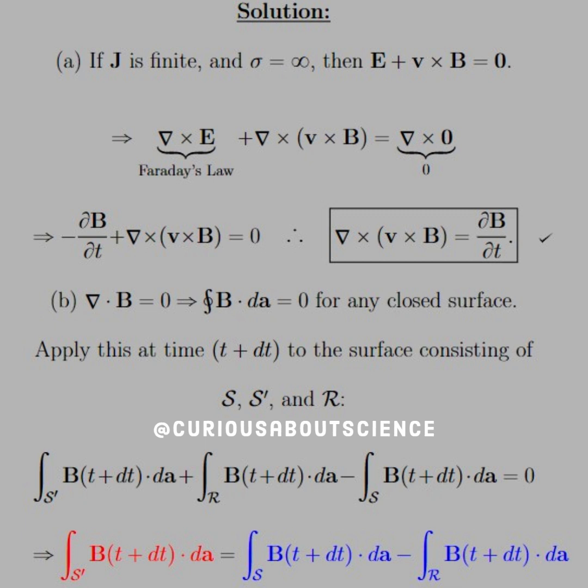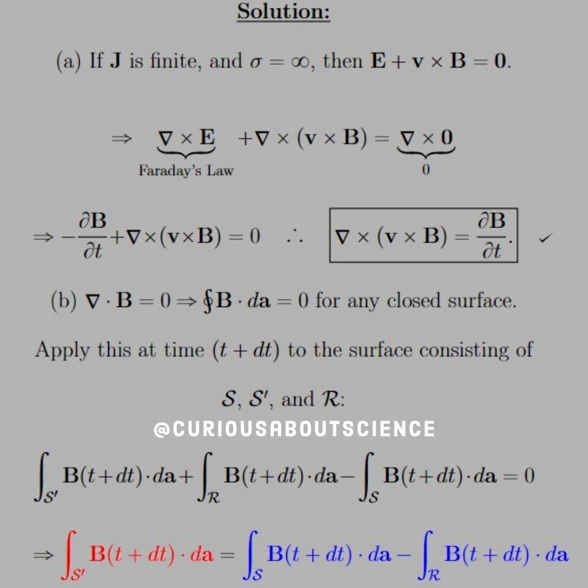That's what the whole thing is starting with. And this is B at t, equals 0, or B at t plus dt. So this is at some later time, but you see the minus sign here comes from the orientation of S with respect to where we are at S prime and R. That's going to be opposite since it's at some later time, and we're just going to have to flip it.